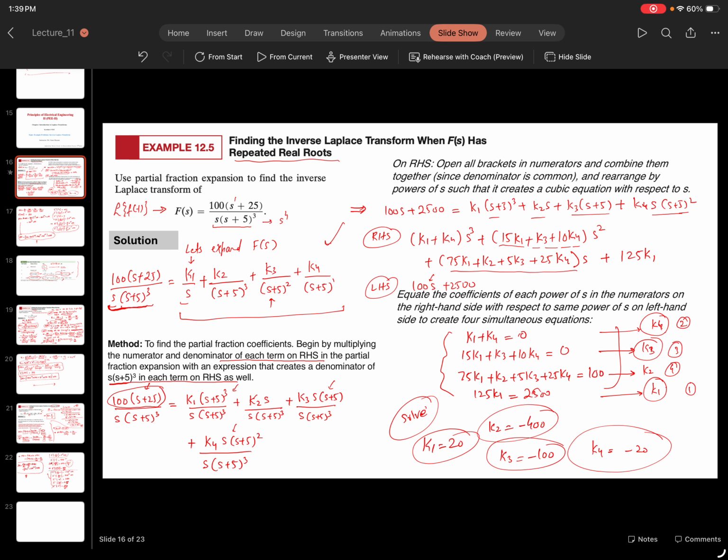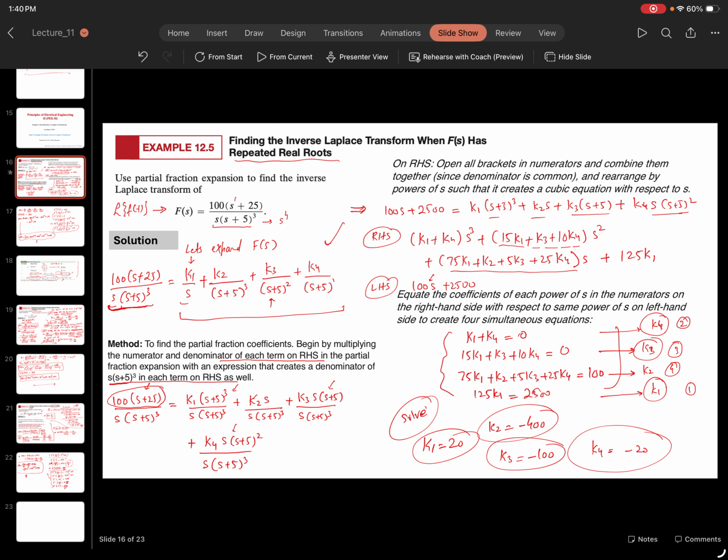We looked at many different ways, right? When we have repeated real roots, repeated conjugate complex roots, complex roots, real distinct roots. And finally, we also did an example where we have an improper rational fraction. The whole idea is that partial fraction analysis is applicable to proper rational fractions, so you have to convert the improper rational fraction into a proper one first, and then solve the entire thing.